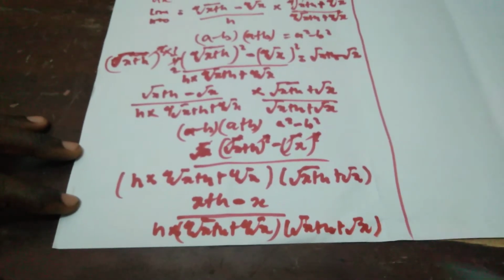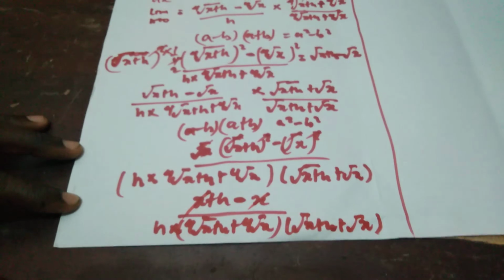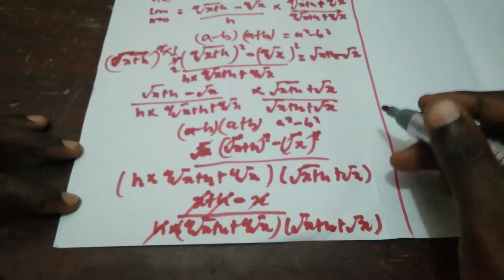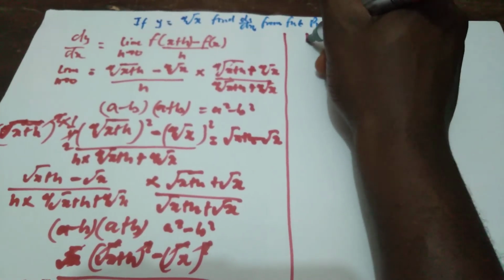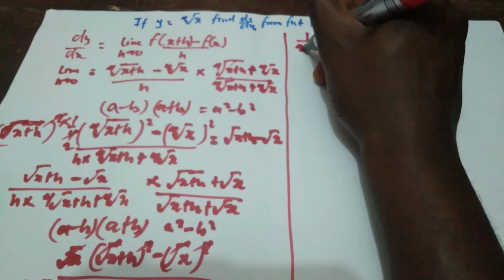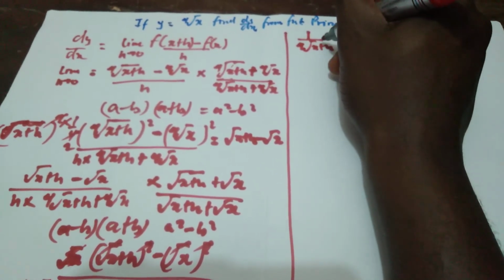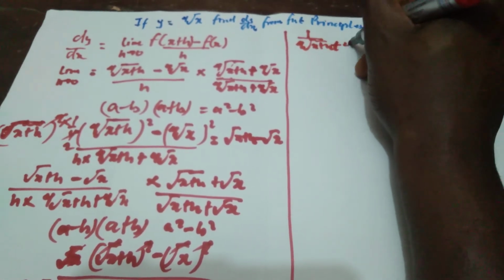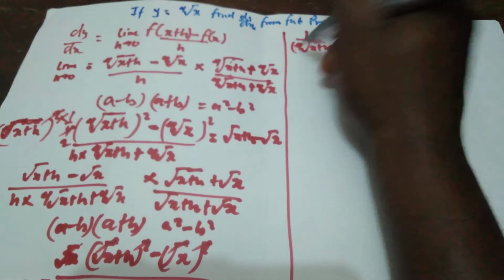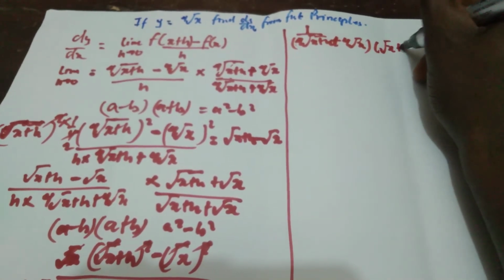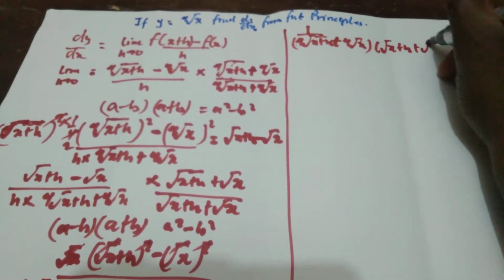The x cancels and the h cancels, so finally we have 1 over the fourth root of x plus h plus the fourth root of x, and root of x plus h plus root of x.